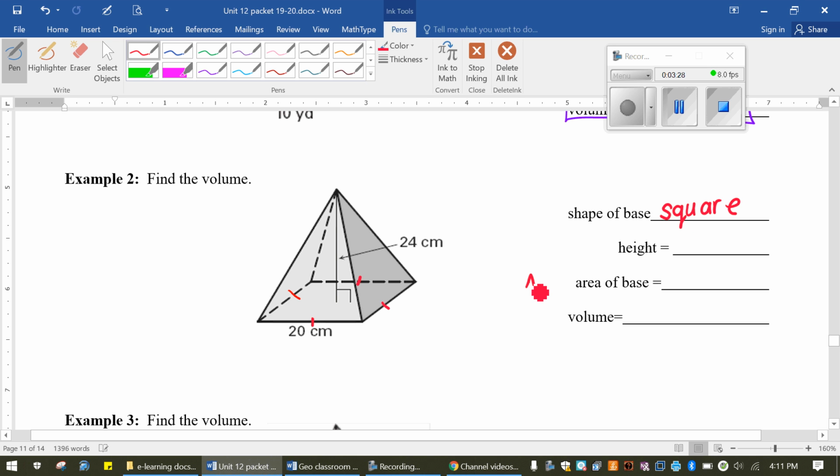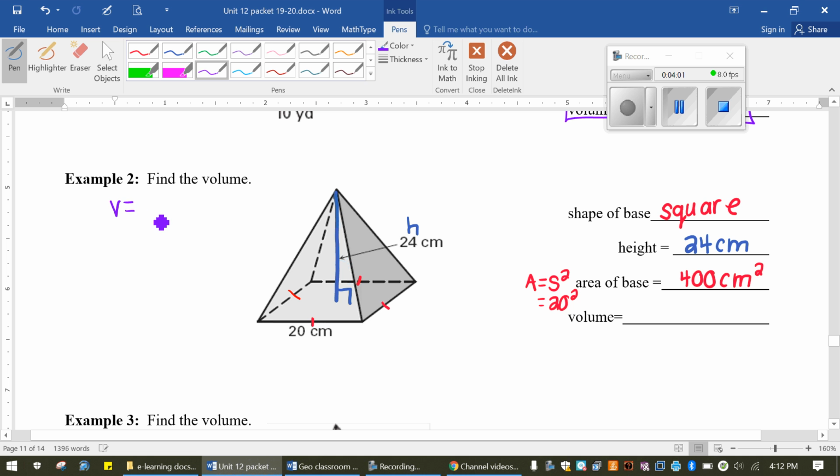The area of that square is the side multiplied by itself, so 20 times 20 is 400 centimeters squared. Your height inside the pyramid, coming from the top right down to the middle of your base, making a right angle, is 24 centimeters.